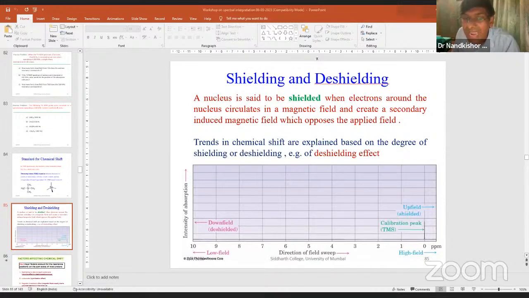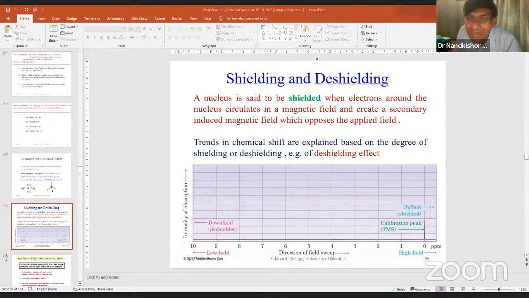So this is highly shielded because of the electrons. Now, if there is an electron withdrawing group, it pulls the electrons, and fewer electrons will be around this nucleus, that is the proton under study. So the nucleus produces a magnetic field in the same direction as the applied magnetic field.